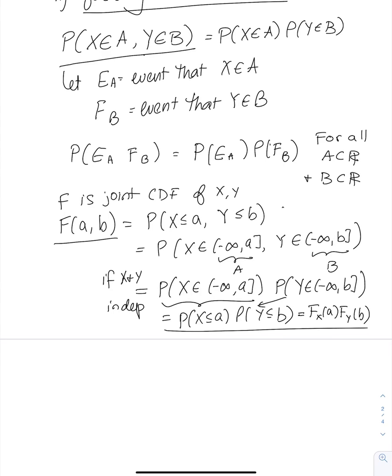And now let's discuss what this implies in terms of the probability mass function or the probability density function. So let's look at the joint probability mass function of X and Y, p of x, y. That's the probability X equals little x, comma, Y equals little y. You can think of X being the singleton set and Y being the singleton set.